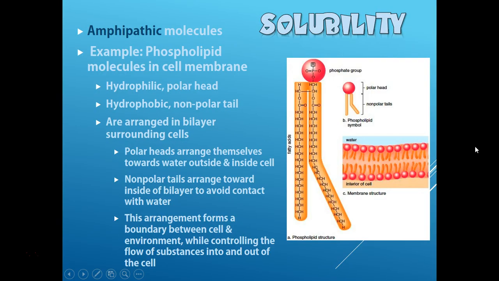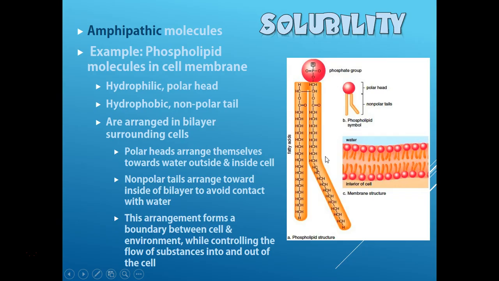In nature, we've got a particular amphipathic molecule we'll spend a lot of time talking about later this year, called phospholipids. Alright, and phospholipids have a very similar structure to that soap molecule in the sense that they've got these long hydrocarbon chains, what we'll call fatty acid chains.